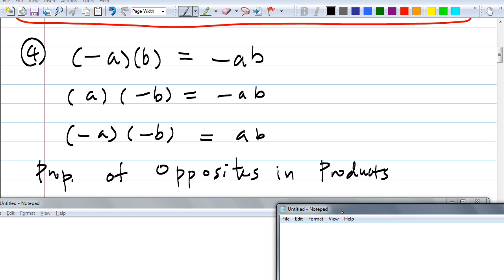This one is not as popular as the other one, but it's good to know what it's called. Okay. The first three properties that we learned, those are pretty well used. Okay, we use that a lot. This one, we don't really use this much. Yes? How many properties are we going to learn? Couple more.